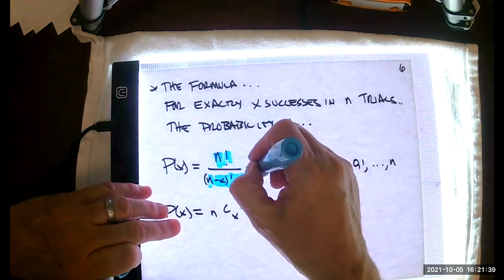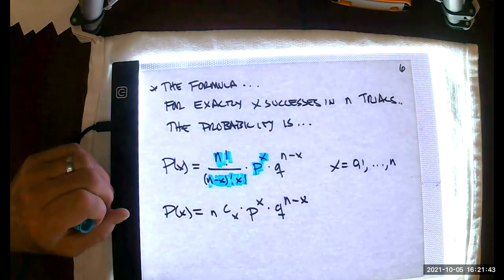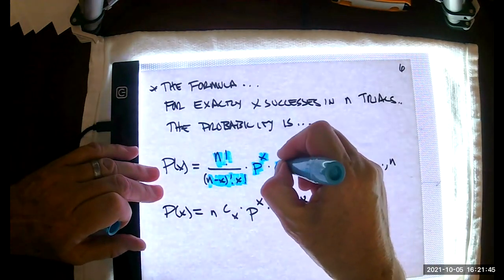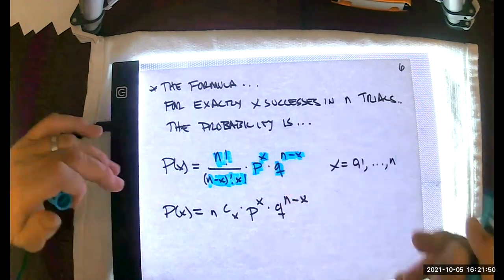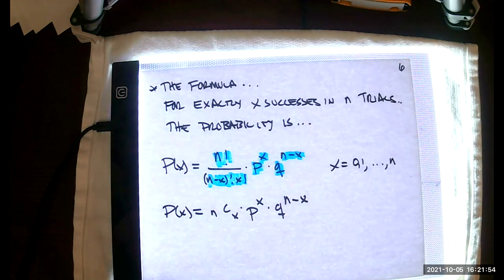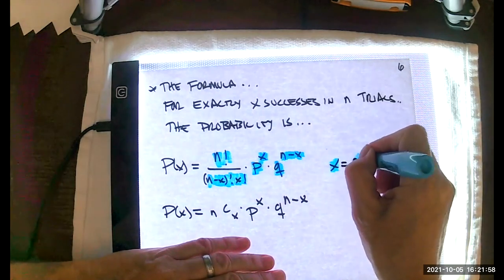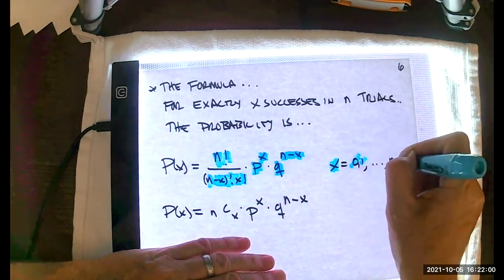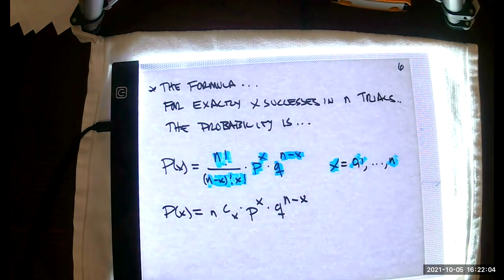You've got your probability of success raised to the number of successes you're interested in, the probability of q raised to the total number of trials minus the number of interesting successes. It's important to remember that x, your random variable, can take on any value from 0 all the way up through n. You can flip a coin 10 times and get 10 heads in a row, though that would be unlikely.